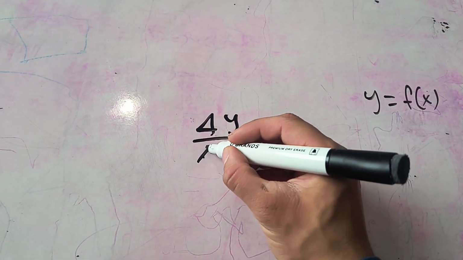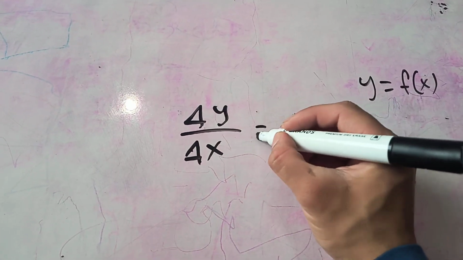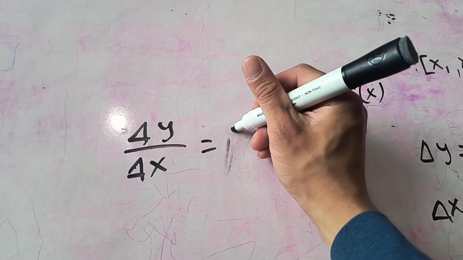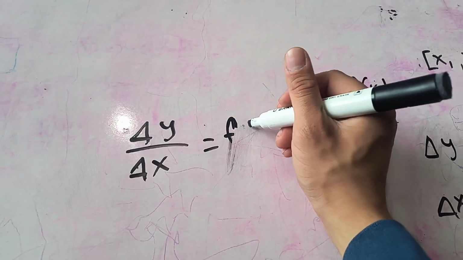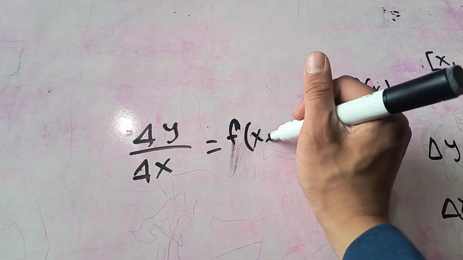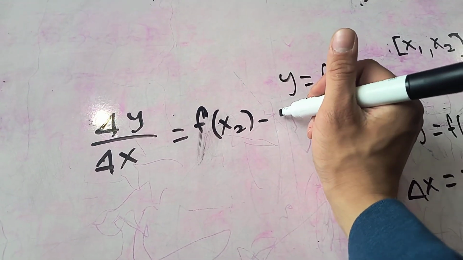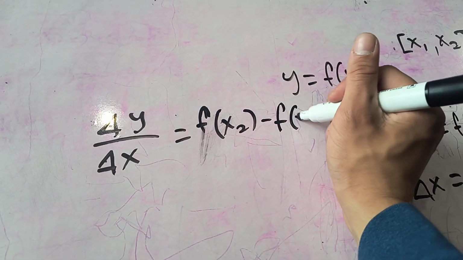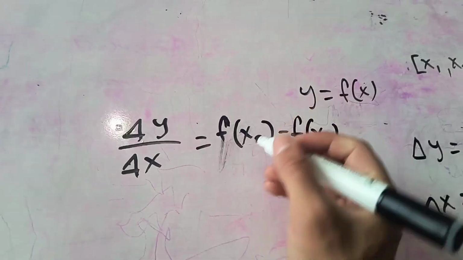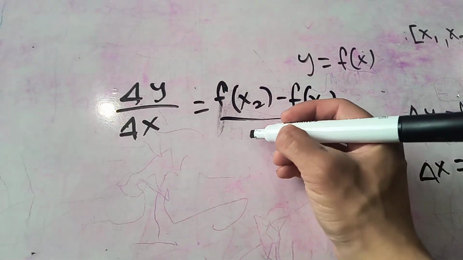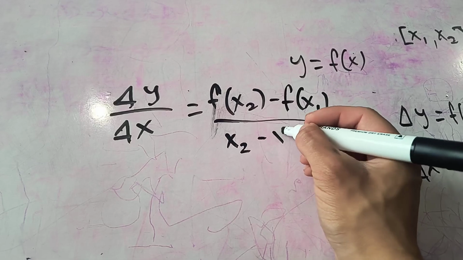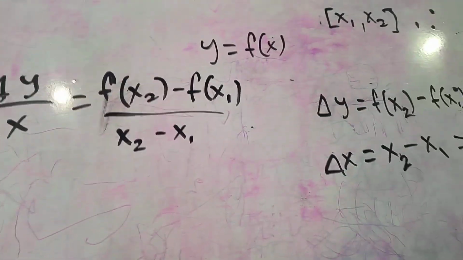over this change of x, which would be equal to the same thing as this, f of x2 minus f of x1 over x2 minus x1. But we said that was h.